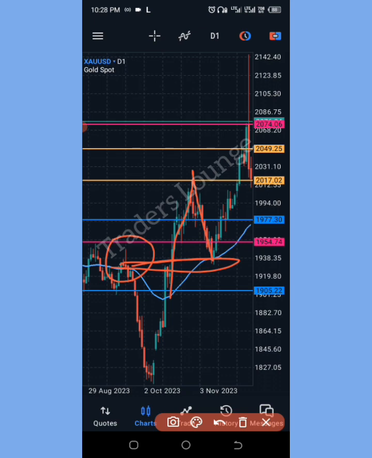So what I'm talking about is, when you look at it carefully, this is the previous high here, all right? So when the market comes like this, it goes up and comes to the same level, as you can see. Now, how will you be sure if you are on point? When you look at the 50 EMA right here, you see that when the market gets to that particular line, it comes a little below the 50 EMA.